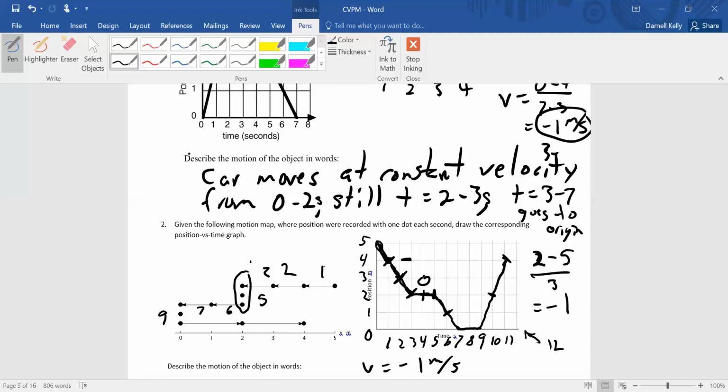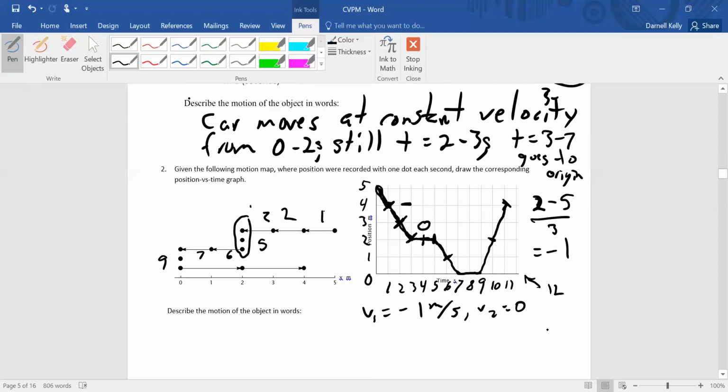We also have another negative slope from 2 meters to 0. So 0 minus 2 divided by 2. So another -1. So the first velocity, the first slope, V1 is -1, V2 is 0. I'm at rest.